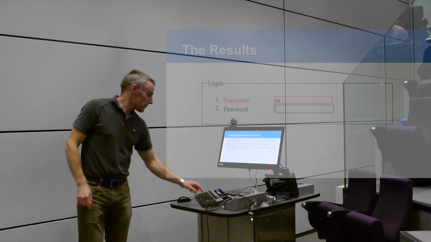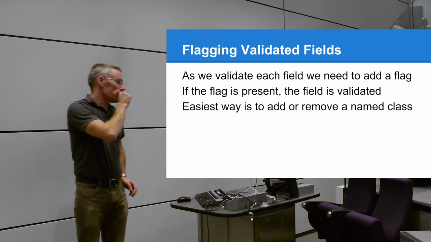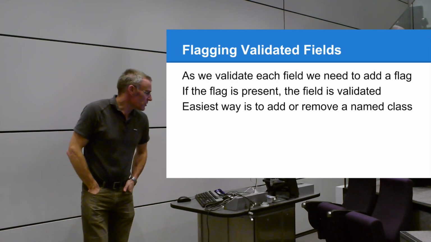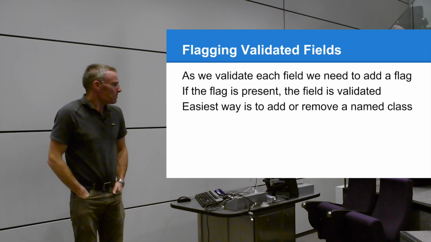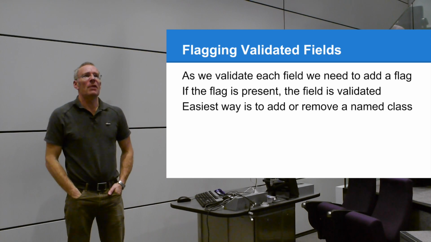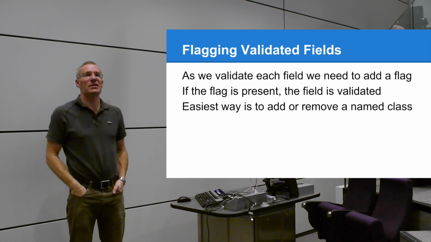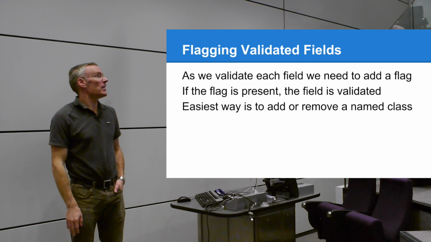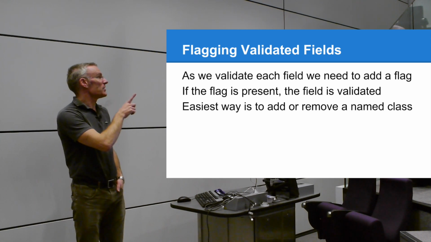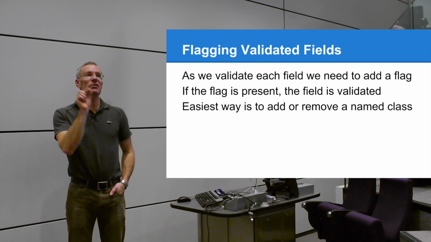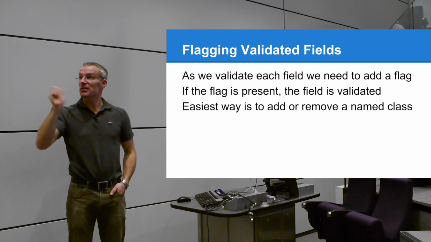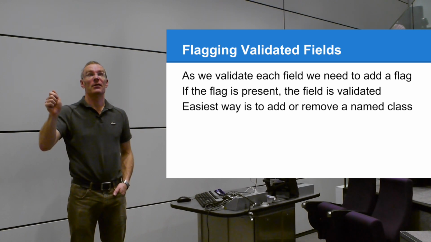Trouble is, I'll do this first, right. Later on, when we do our form validation, we need to very quickly, at a glance, see which fields are validated. Okay, at a glance. So as soon as a field is validated, I want to add a flag to the field saying this field is okay.